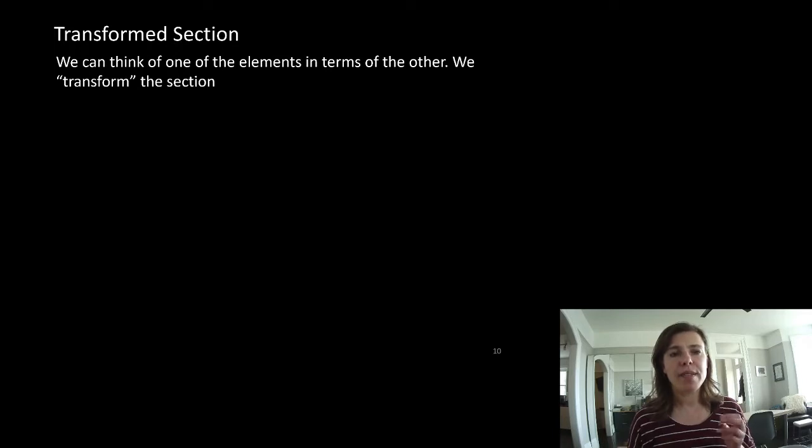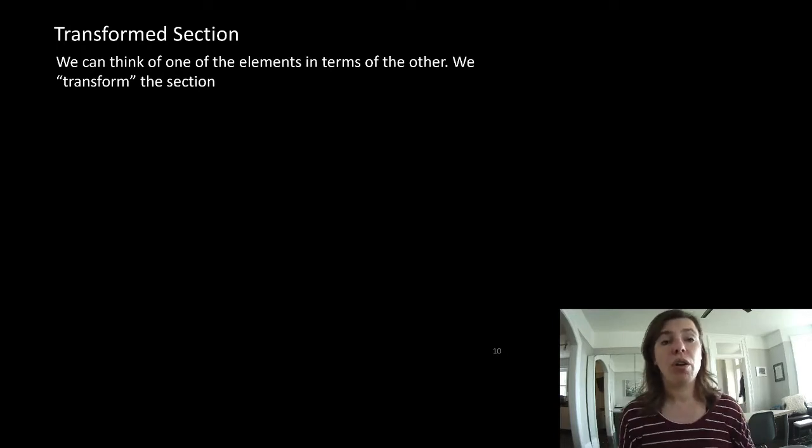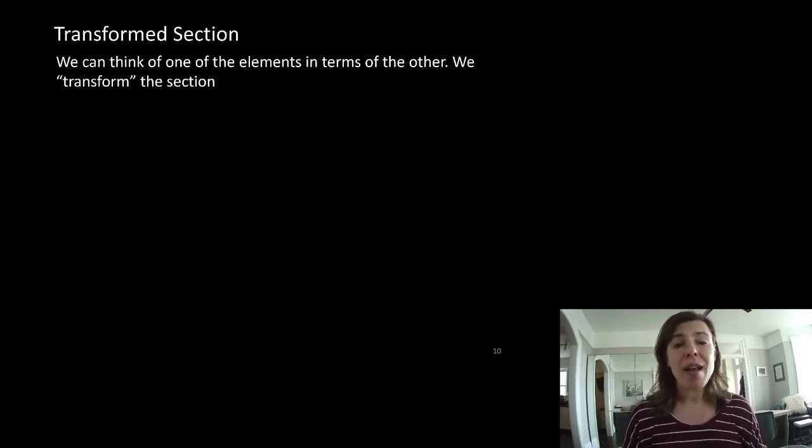So even though we have steel and concrete, sometimes it's handy to say, we want to talk about it as if it was all concrete, or let's make our steel, what's the equivalent concrete that would equal that steel area? So that steel has an area and a stiffness. What would be the same equivalent stiffness and area if it was concrete? And this is what we call transforming the section.